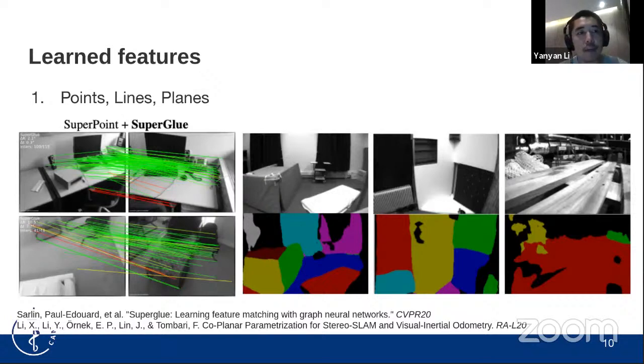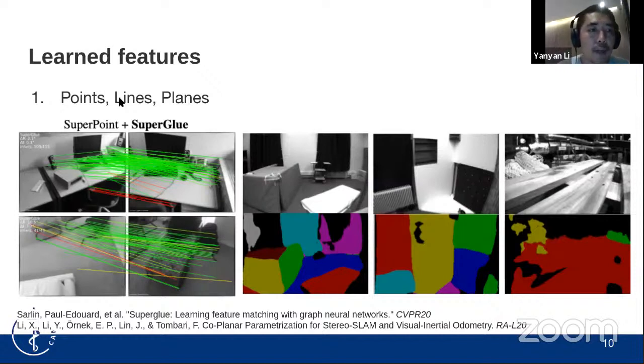So deep learning and those networks have achieved a very impressive performance in computer vision tasks. So how to merge those learning methods into our system is also a very important topic, right?